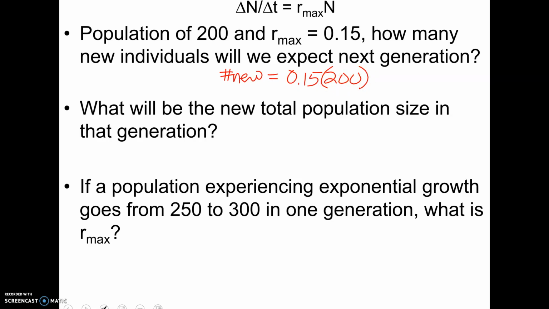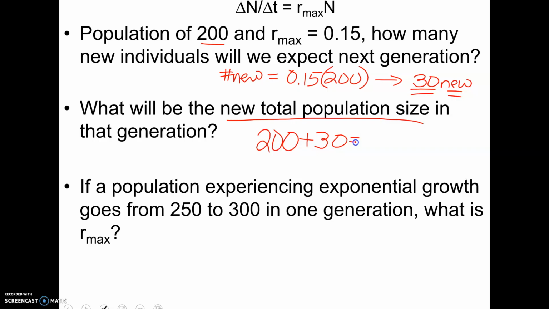When you work this out, we expect 30 new individuals in the population. That's not the new population size, that's how many new individuals. So to get the new population size, our original population was 200, we add to that the 30 new individuals. So in our next generation, we would expect 230 individuals.